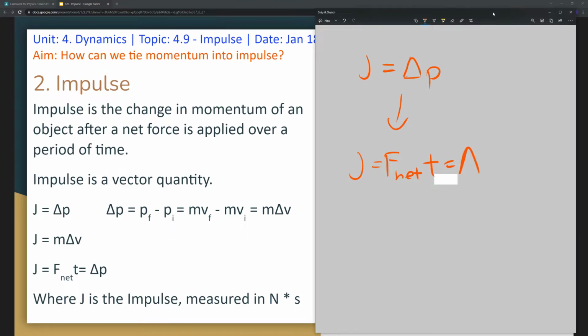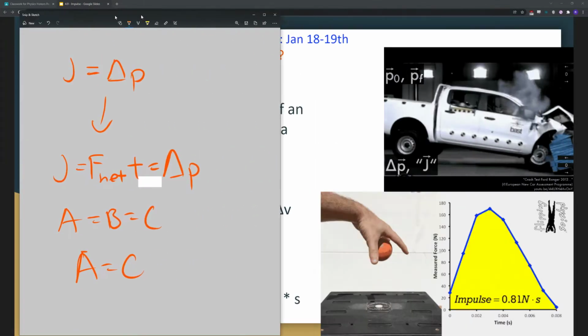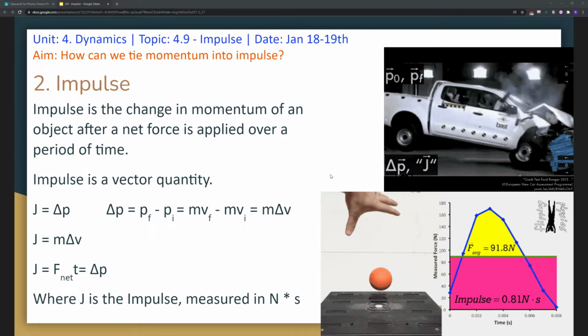So J, impulse, is equal to net force applied over a period of time, is equal to your change of momentum. It's essentially A is equal to B is equal to C, and then we can say A is equal to C. And that's a formula.